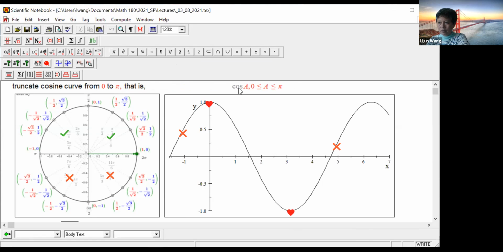This function, along with the interval description, is 1-to-1, and it has an inverse.